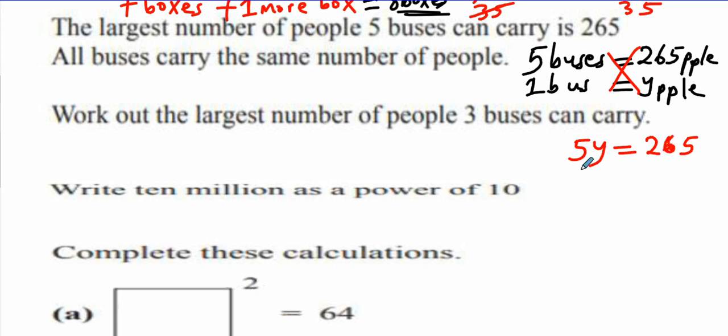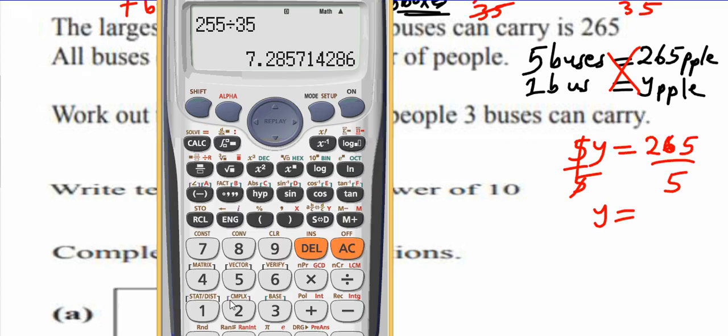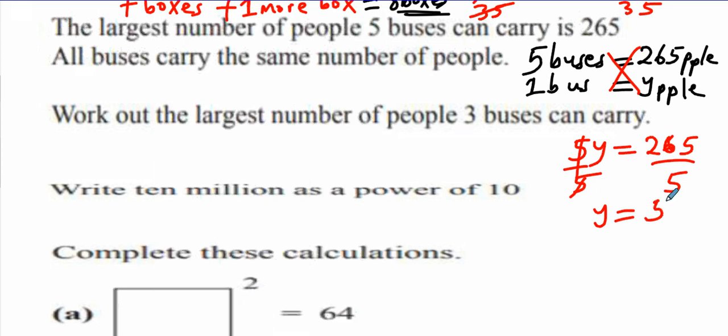So divide by 5. Use a calculator: 265 divided by 5. I'm getting 53. You know what it means? It means one bus can carry 53 people.